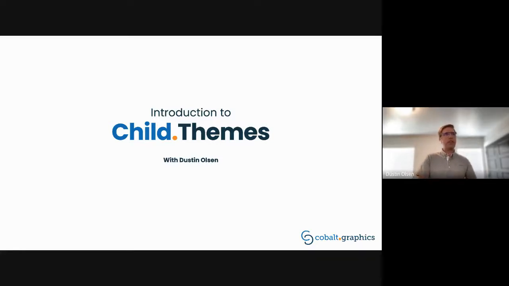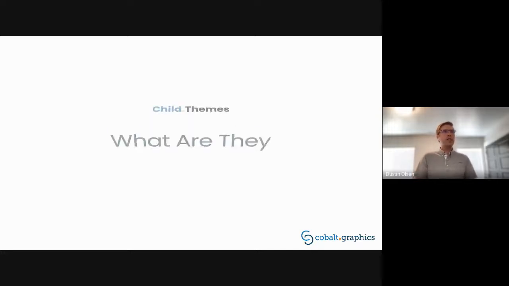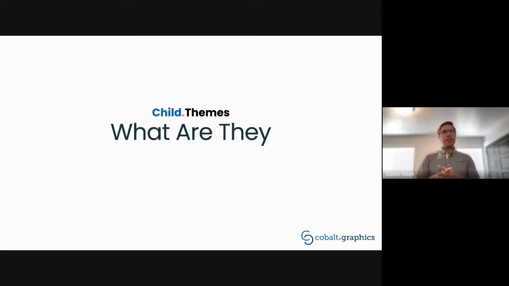Today we are talking about an introduction to child themes. First thing is, what are they? I think this is probably the biggest question people have when it comes to child themes. If you've been in the WordPress world for a while, you're probably familiar with themes like Genesis, StudioPress, all of those. I haven't used those themes in a really long time, so I don't know if it's changed, but back in the day when I was using them, they used child themes.